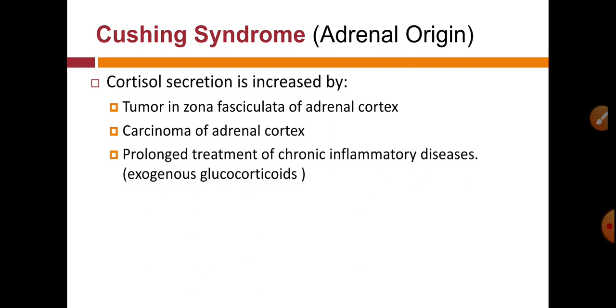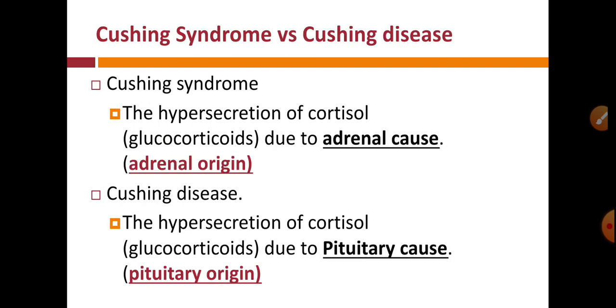Cushing syndrome and Cushing disease are two terminologies, but the same thing is there, that is hypersecretion of cortisol, but the causation for hypersecretion of cortisol is different in both of these.